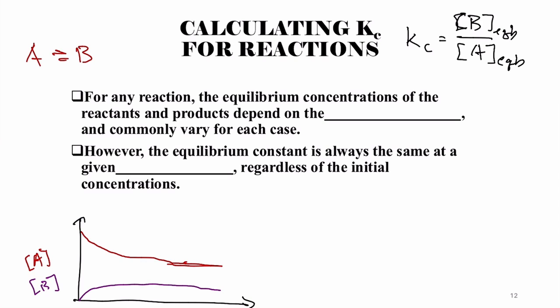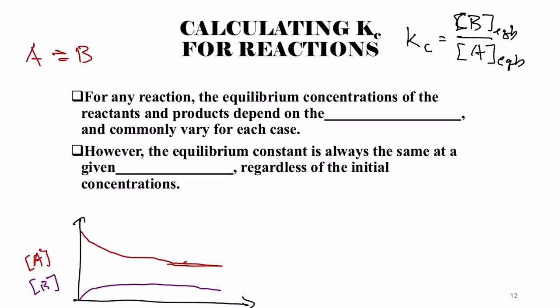You guys said that the concentrations at equilibrium don't have to be the same, right? But what do the concentrations at equilibrium depend on? Time, right? If you look early in the reaction. Once we reach equilibrium, it's not changing with time anymore.